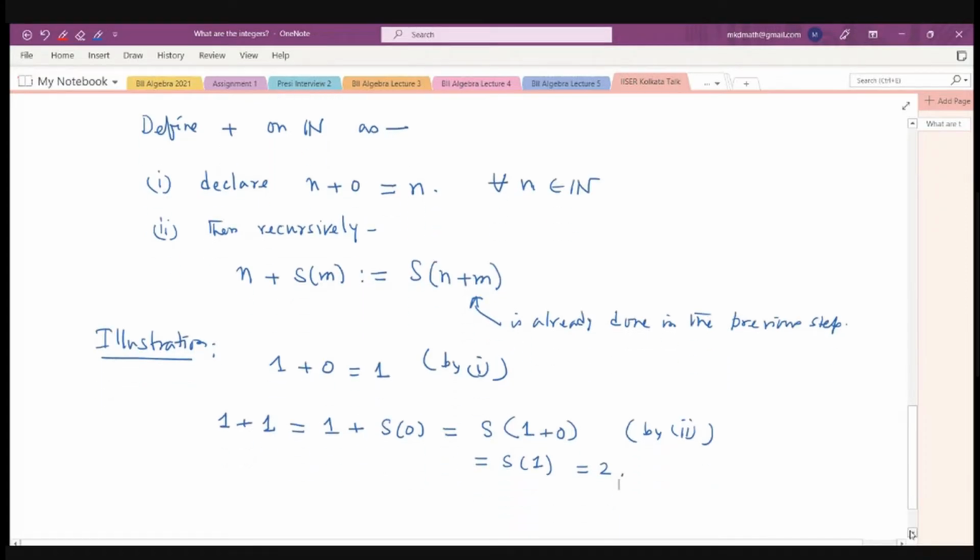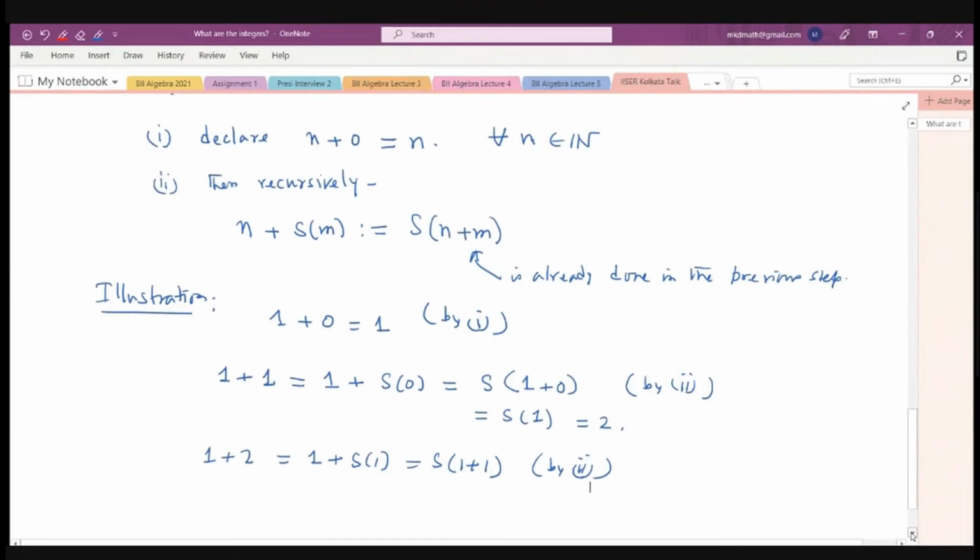Next you want to do the same thing. This is recursively being done. 1 plus 2: you know that this is 1 plus s of 1. S of 1 plus 1, again by 2. You see that I have done 1 plus 1 in the previous step, and that's why I am able to do 1 plus 2 in this step.